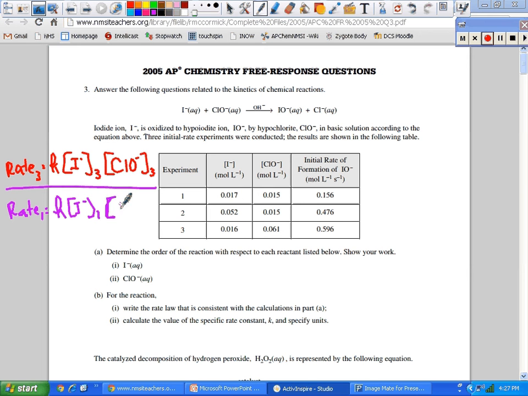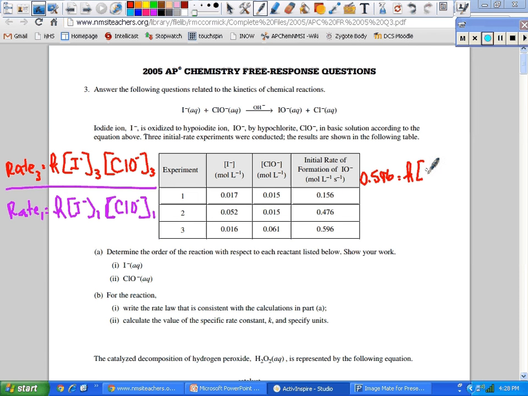So it would have been the rate of 3 is 0.596 divided, here, let me just stick with the same colors. 0.596 is equal to K, and it is 0.016 raised to the x.